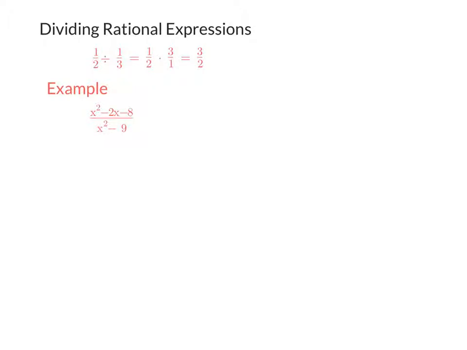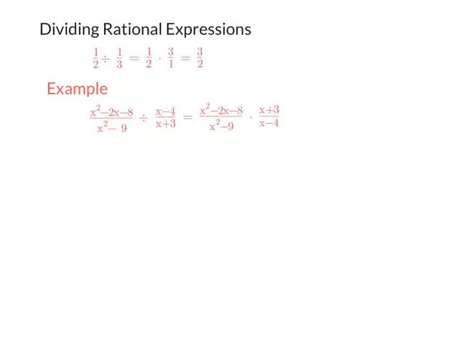So let's look at an example. Let's say I've got x squared minus 2x minus 8 over x squared minus 9, and I'm dividing that by x minus 4 over x plus 3. So, just like we did when we had basic fractions, I'm going to take that second term, the x minus 4 over x plus 3, flip it, and change the problem from being a division problem to being a multiplication problem.